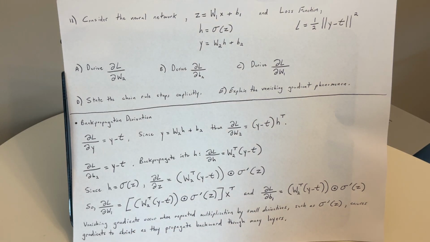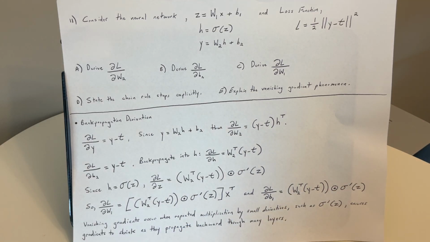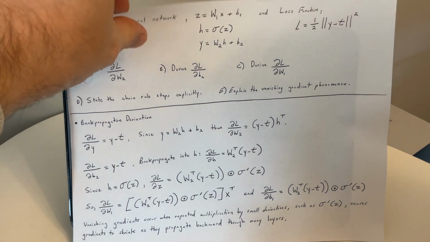And partial derivative of L with respect to b sub 1 equals W2 transpose Y minus T, element-wise multiplication sigma prime of Z. So vanishing gradients occur when repeated multiplication by small derivatives, such as sigma prime of Z, causes gradients to shrink as they propagate backward through many layers. Okay, so that's number 11.